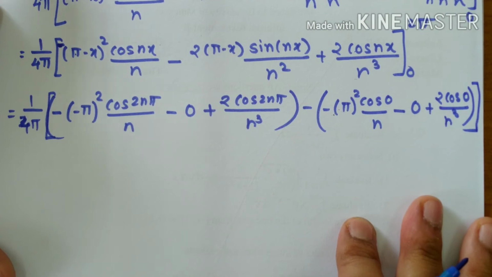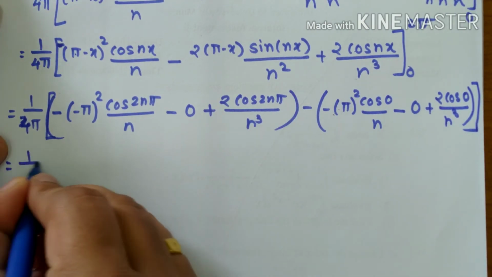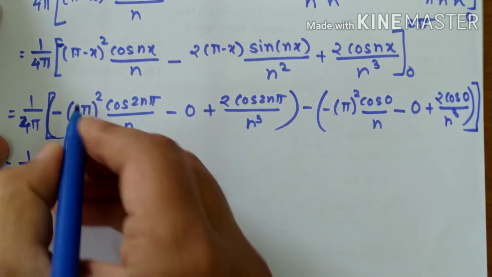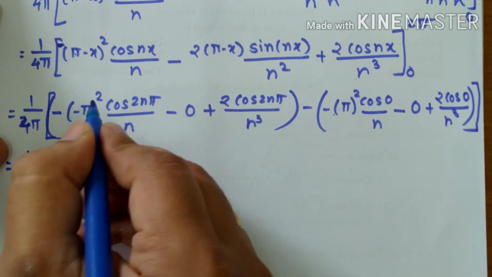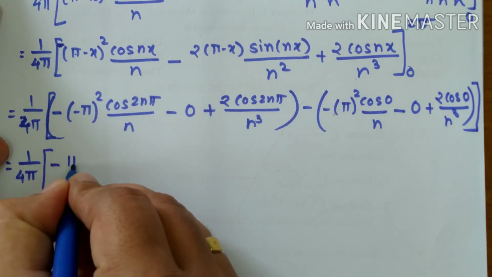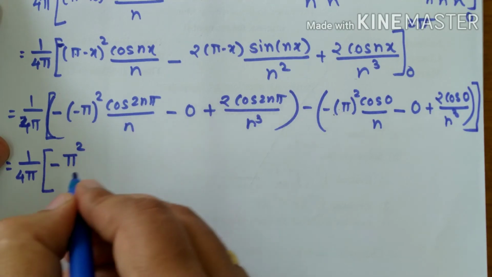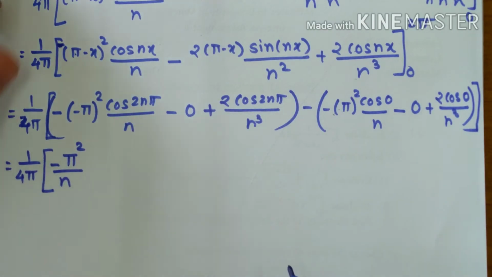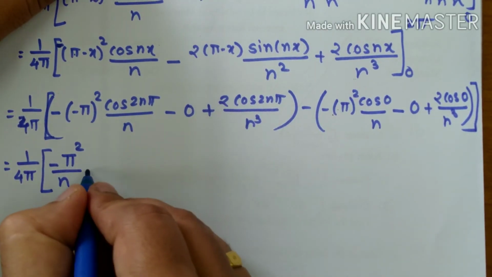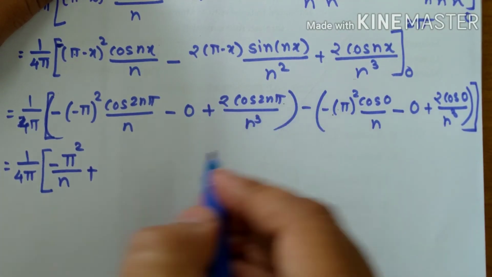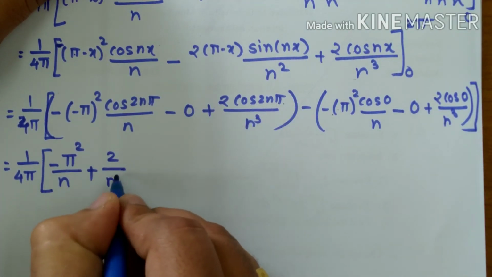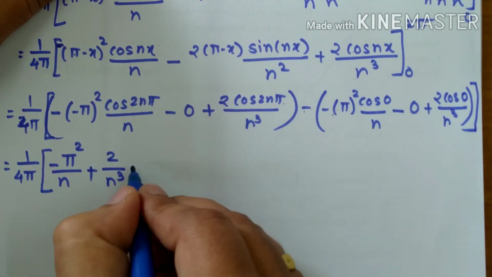Okay, next. So 1 upon 4 pi into bracket. So this is minus pi square. Cos 2n pi is 1, therefore we have only n in the denominator. Plus, again same, cos 2n pi is 1, therefore this is 2 upon n cube. Now this minus and minus become plus.